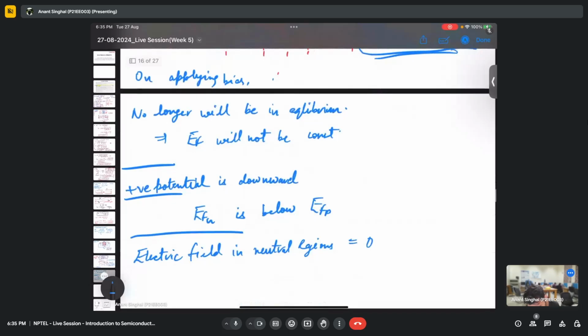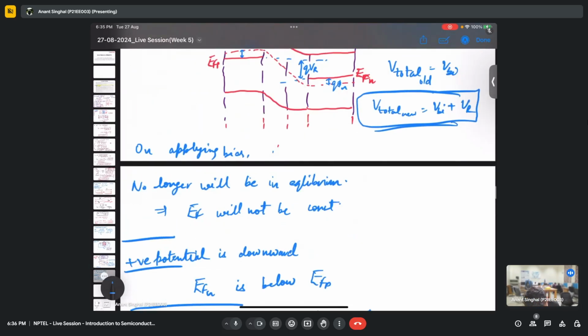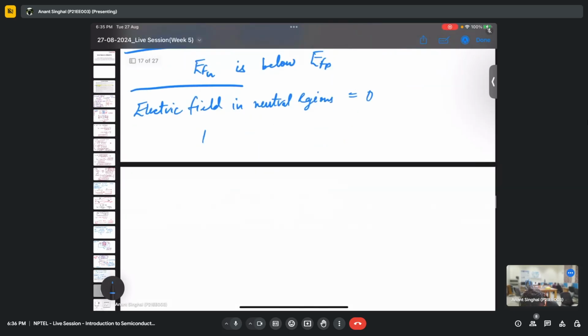So since we have a higher electric field, that is what we are confirming, that we have a higher depletion width.